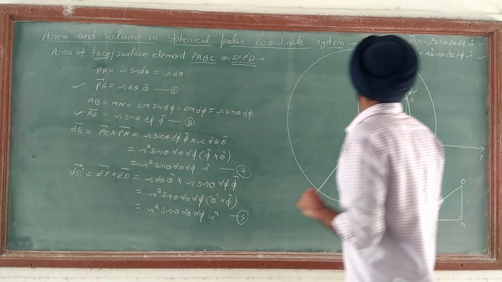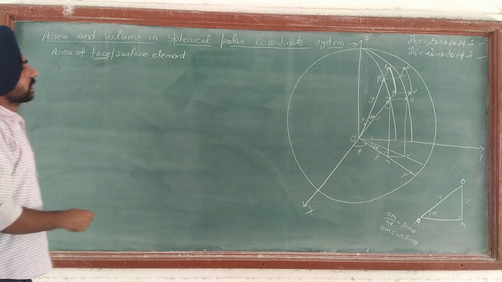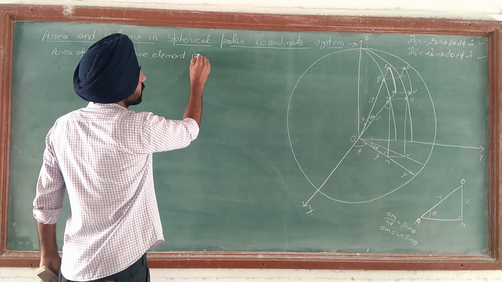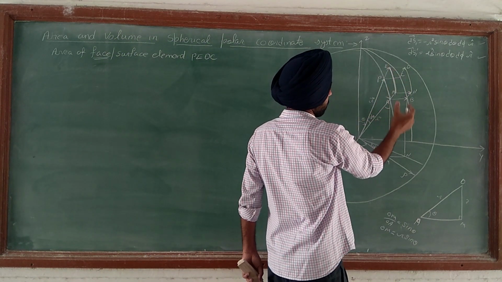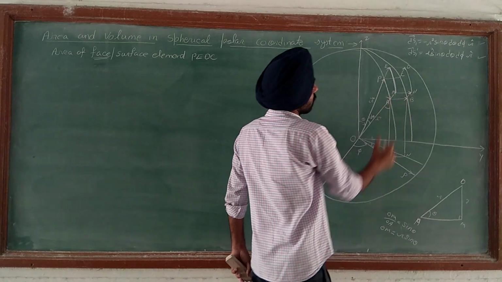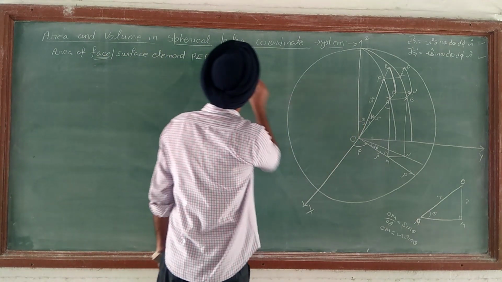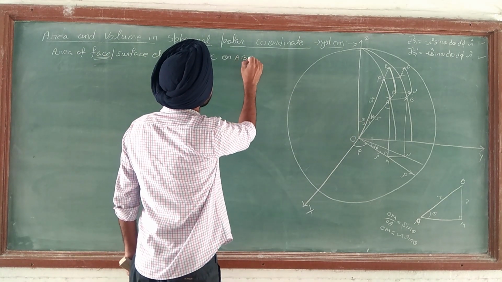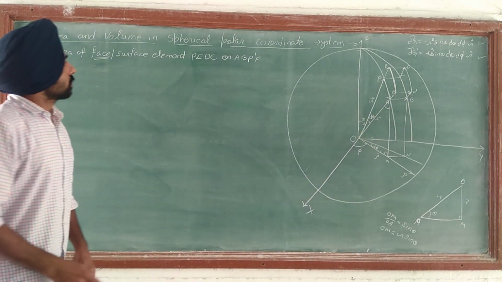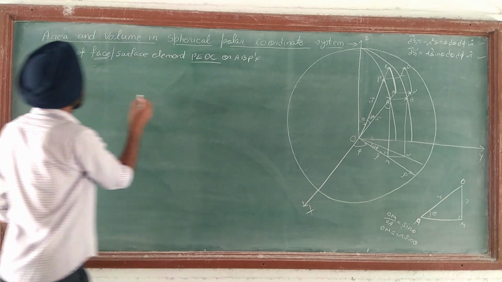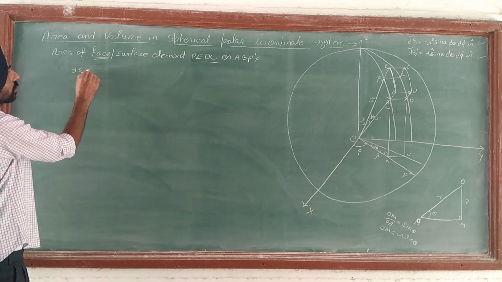Now we will find the area of the other faces. Next is the area of the surface element PEDC, this upper face, and this lower face. The area vector for this is represented by dS2 for the upper face.